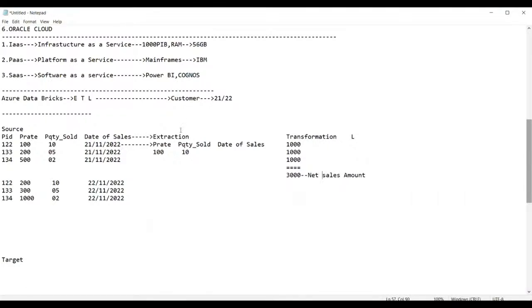So you are doing this under the process of transformation. Now, it is done for the 21st day. What about the 22nd day? Help me out in this.